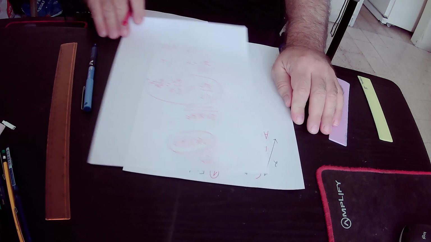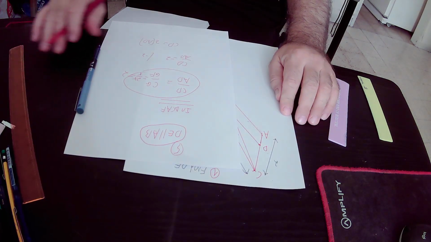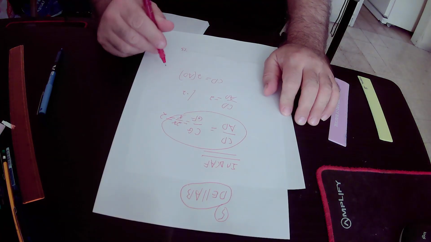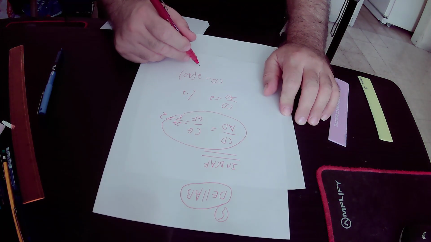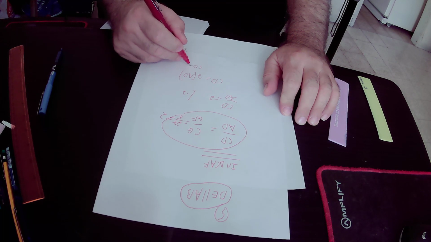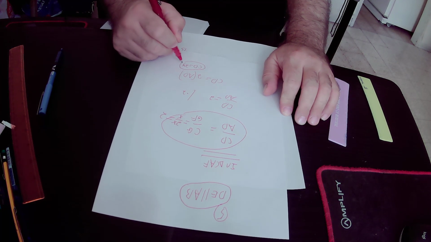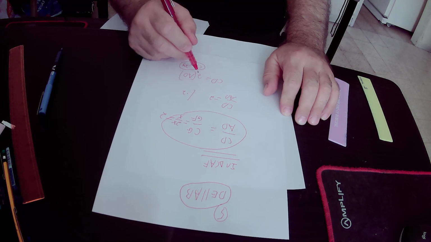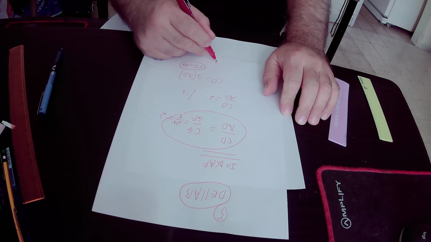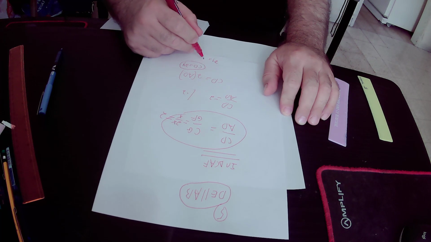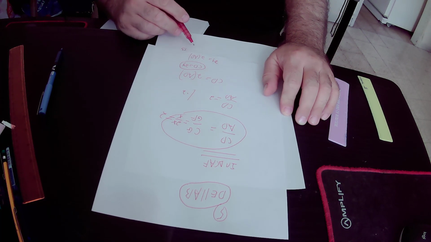And again, if we define CD as 2y, then we will substitute CD by 2y in this equality, and we will get that 2y equals 2 times AD.